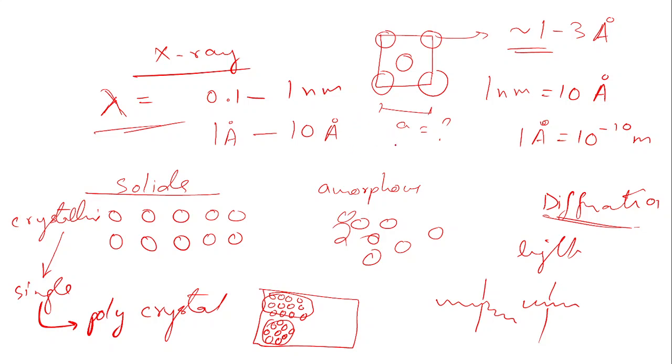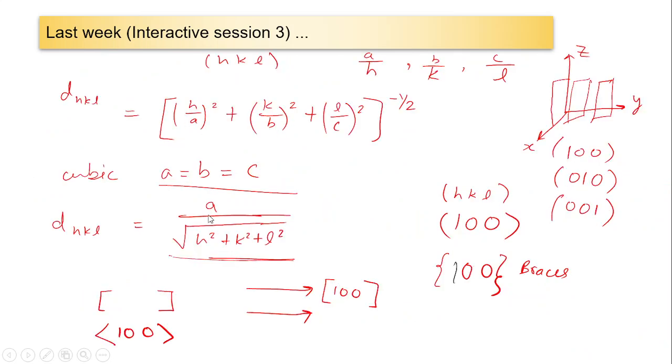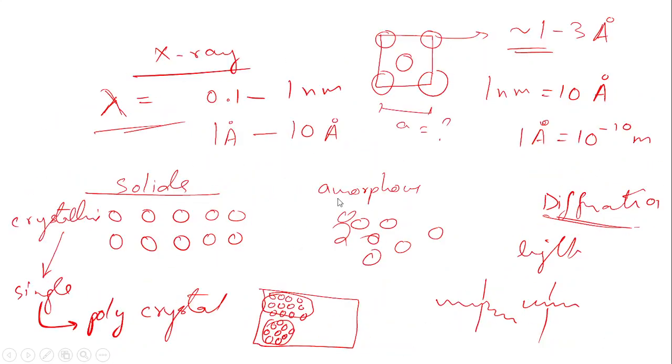X-ray shows diffraction, and with that we can do some maths and calculate the lattice constant of our unit cell. And further, using this d_hkl formula, if it's cubic, say, and I find out a, then I'll be able to find out d_hkl. So all this information I can get, but the technique is X-ray diffraction.